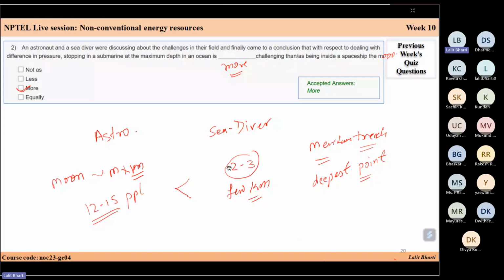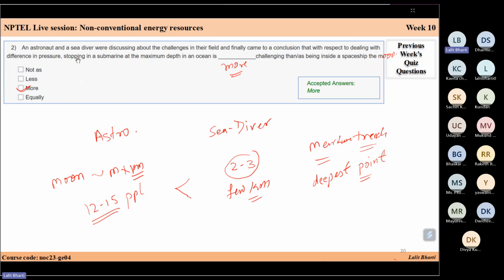The Mariana Trench is the deepest one, and I don't remember exactly, but it is around a few kilometers from the sea surface. Very few people have seen what is there after 2 or 3 kilometers, and compared to this distance, many astronauts have gone to much farther heights.